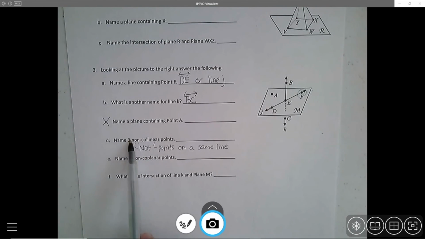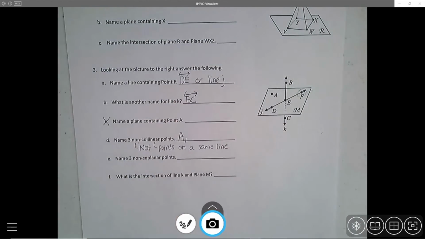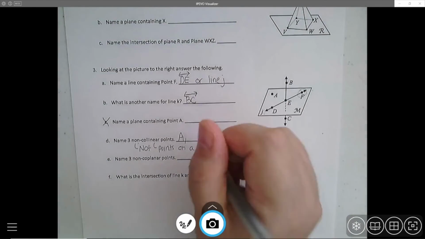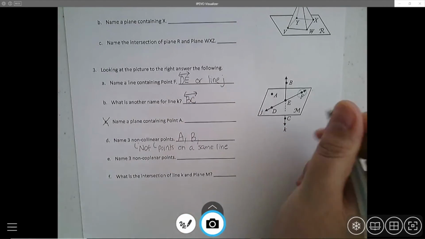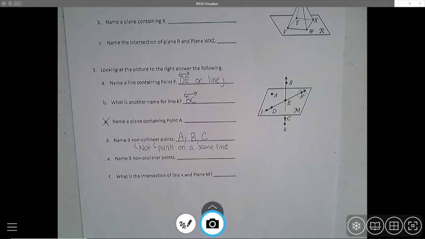So I want to name 3 points not on the same line. I can choose any 3 points as long as they're not on the same line. They are non-collinear. Let's say I choose point A, and I'm just going to do the capital letters and not write the word points in front of it. I can choose B, and I can choose C. A, B, and C are not all on the same line, so we're good to go.